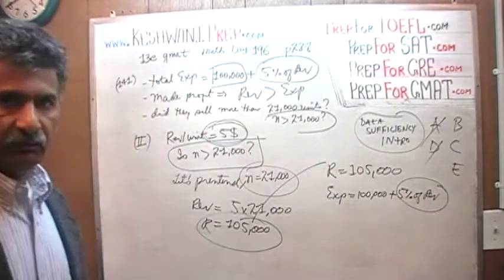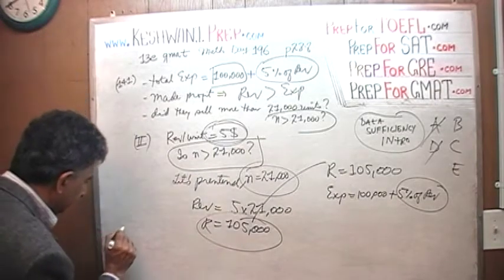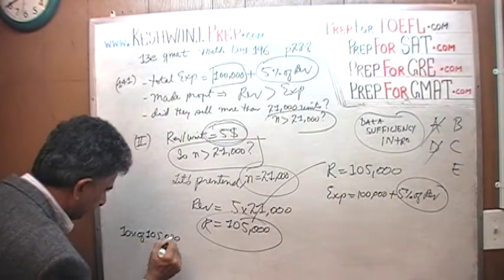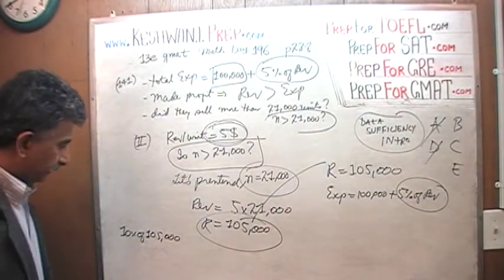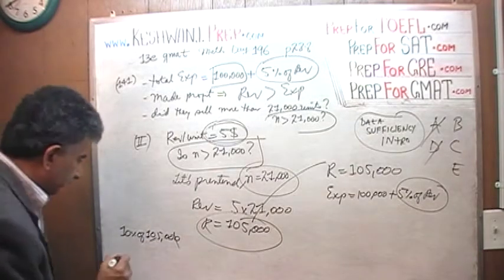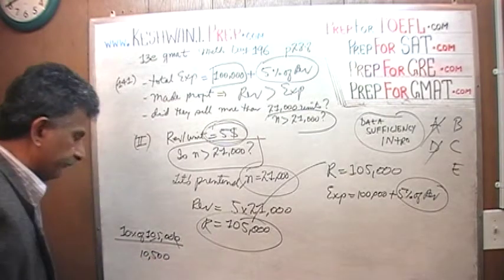What is 5% of 105,000? Well, let's do it here. We know 10% of 105,000. If you want to find 10%, you simply knock out a 0, it will simply be 10,500. 10% of 105,000 is 10,500.